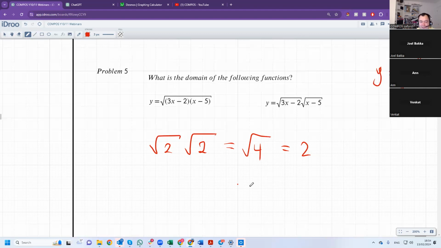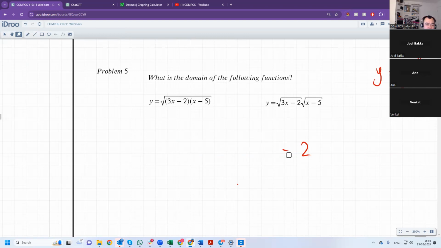Does anyone know what is the difference?